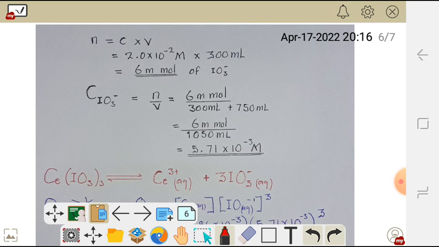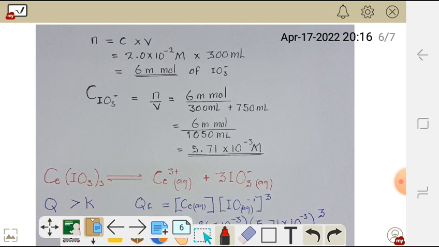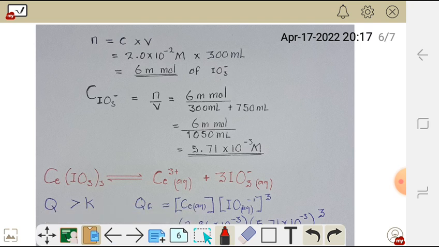So let's now calculate the QC and compare it to the KC. But before that, let's write the ionization equation for cerium iodate.